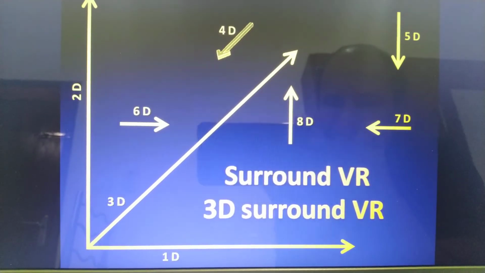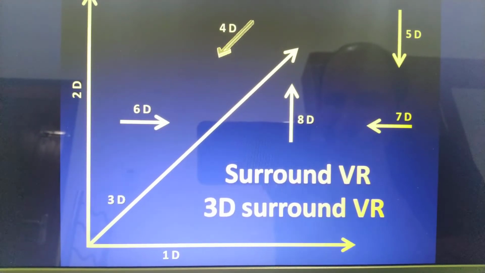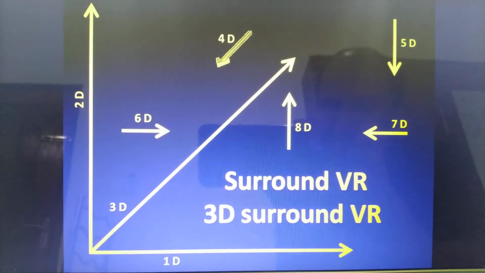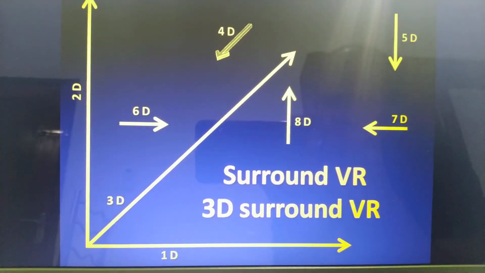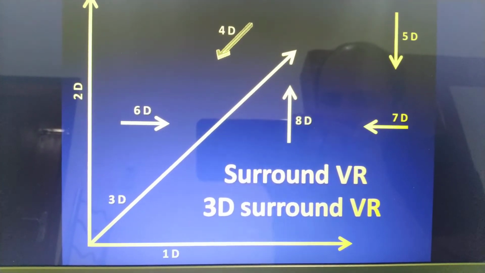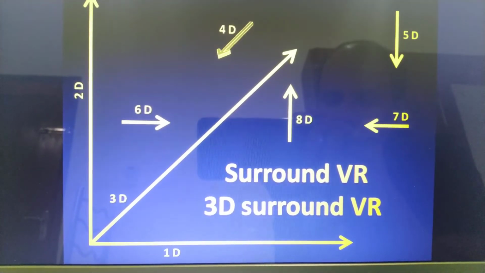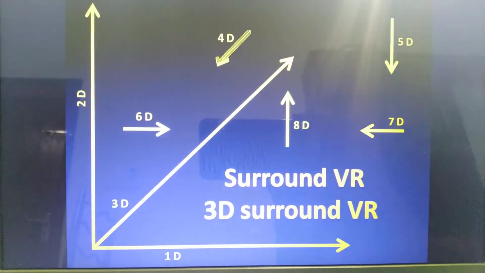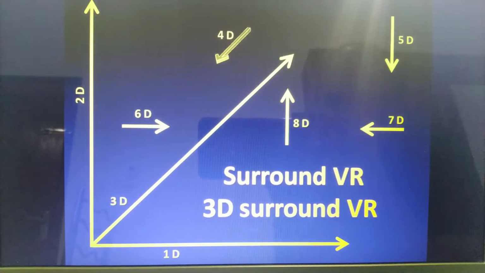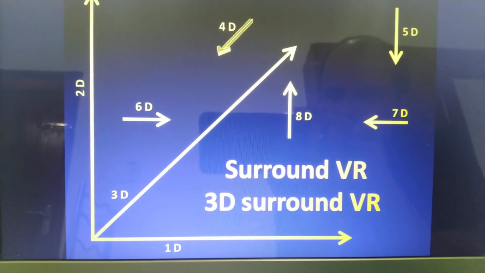So to clarify once again, you have two dimensions, the standard screen. The third dimension moves towards you from the front. The fourth dimension moves towards you from the back. The fifth dimension drops from the roof, objects moving from the roof.